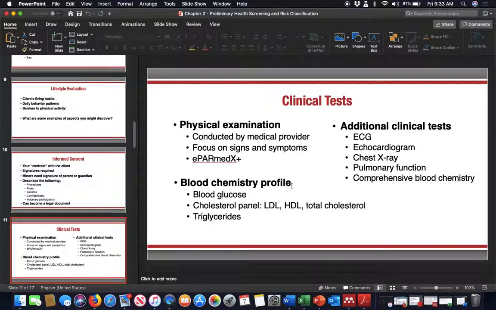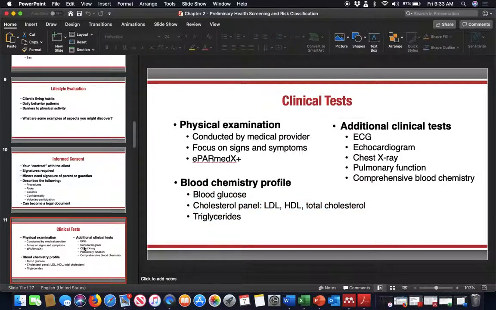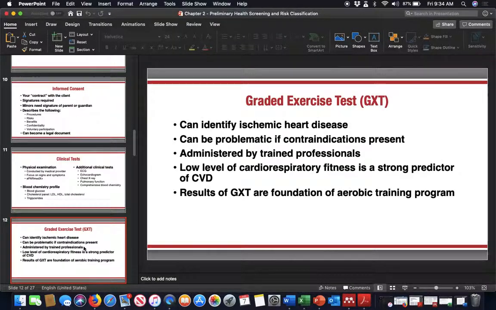They would physically go inside of a hospital, where they have respiratory techs or respiratory specialists who would do this. And then there's your comprehensive blood chemistry, besides just blood glucose, cholesterol, and triglycerides. Depending upon what's going on, there can be more, and potentially there should be more, depending upon what you have going on with you.